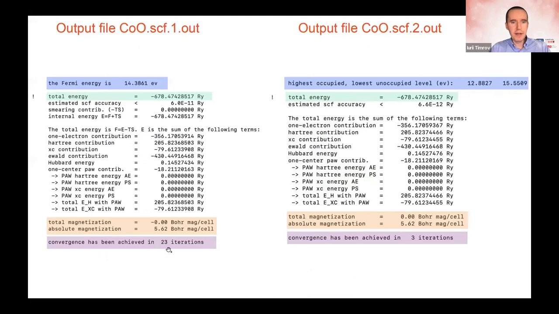It took 23 iterations to converge. Then in the second calculation, we remove smearing and we perform the insulator calculation. So now we don't have a Fermi energy, but we have HOMO and LUMO, the top of the valence band and the bottom of the conduction band.